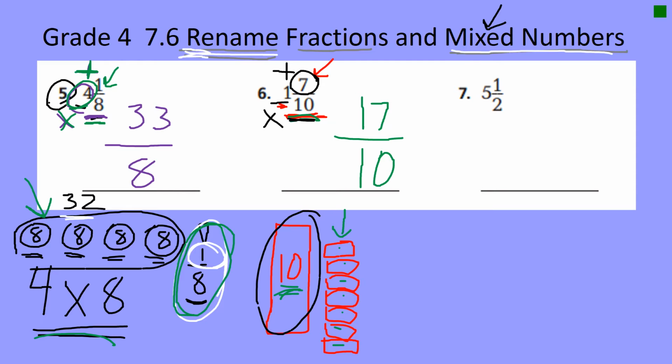All right, now let's do number 7. Number 7 is the mixed number 5 1/2. Okay, 5 1/2. So let's do 5, I don't know, pizzas. 5 pizzas. 1, 2, 3, 4, 5. 5 whole pizzas.